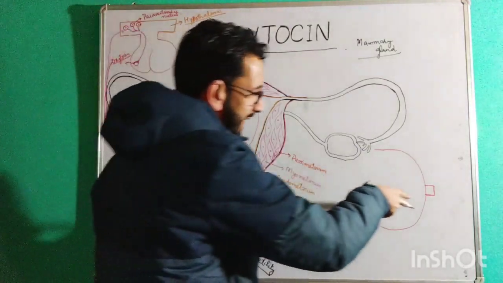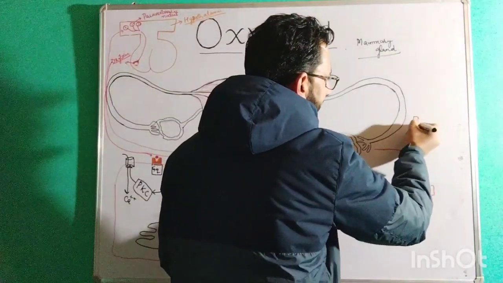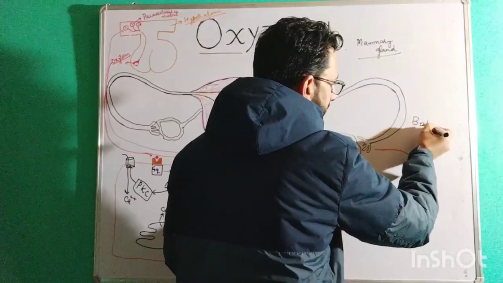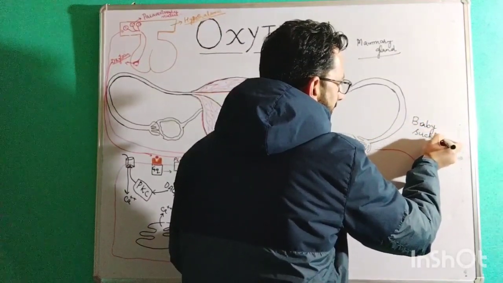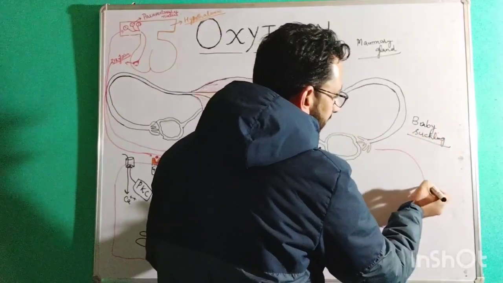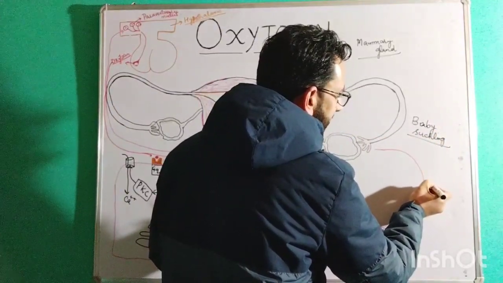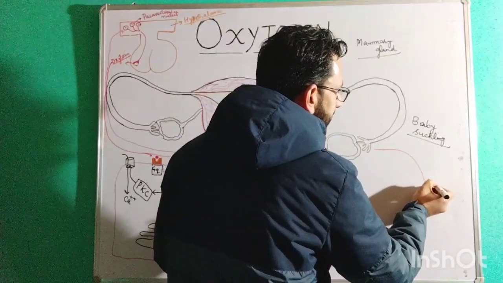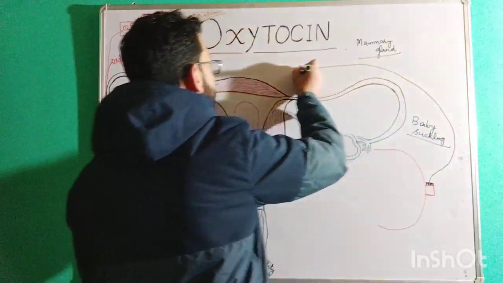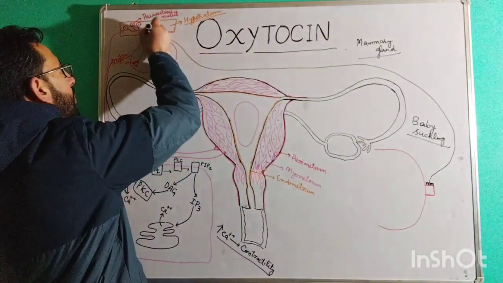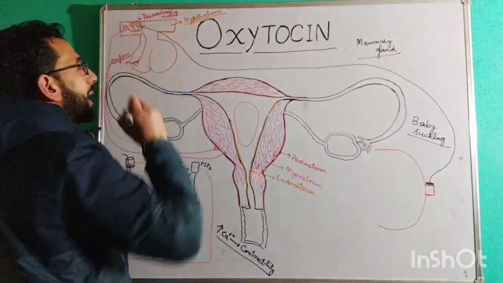Now, in this case, the stimulus is baby suckling. Because of that baby suckling, there are some special touch receptors that are activated, and those touch receptors take this information to the paraventricular nucleus of the hypothalamus.